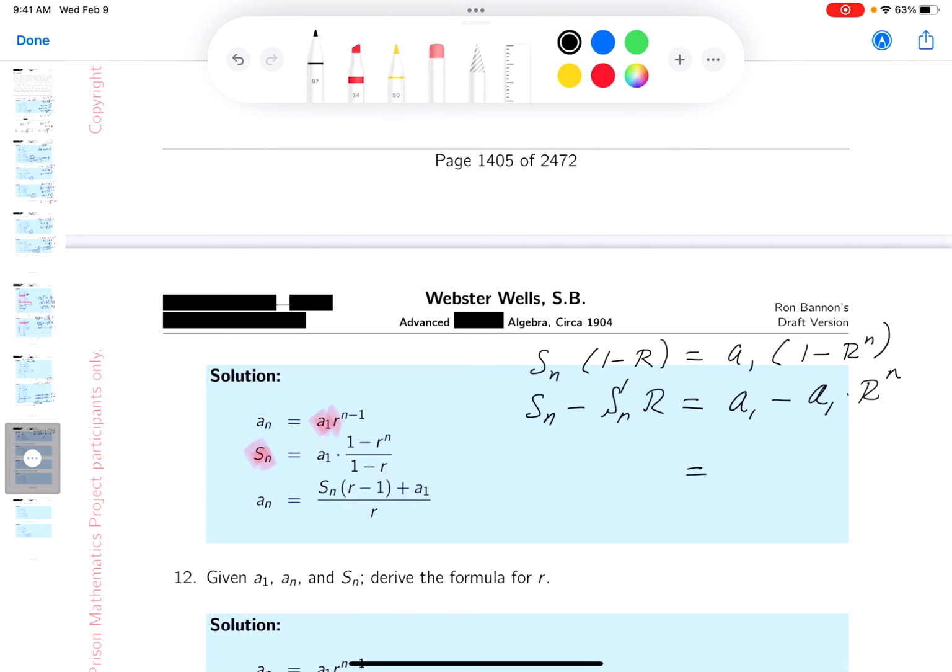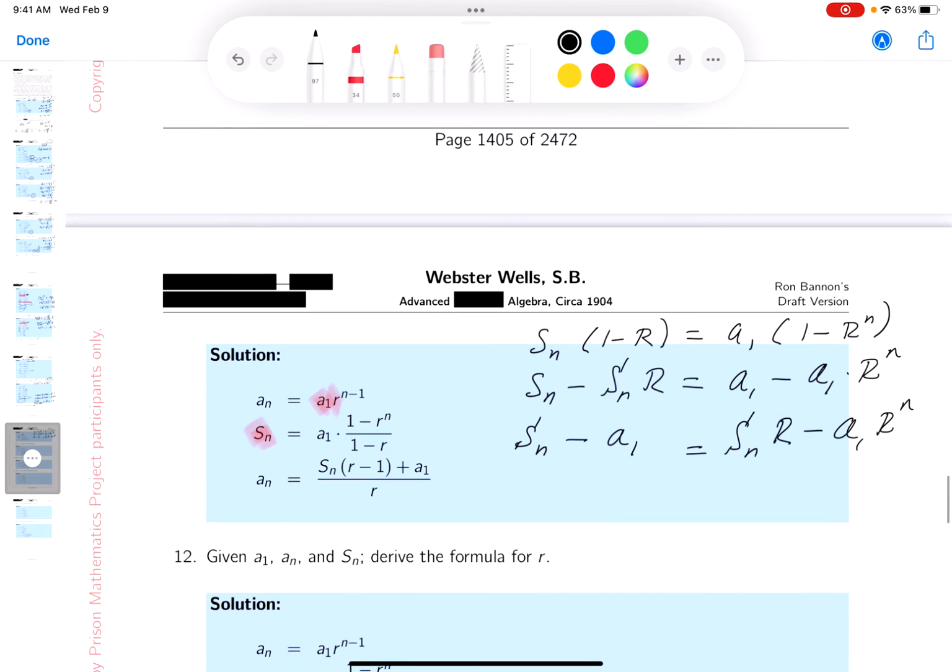Well, I'm going to put all the R's on one side now. Why is that? I'm looking for the n minus 1 in it, and I'll see if I can do that. So we're going to get Sn minus A1 equals SnR minus A1 R to the nth power.